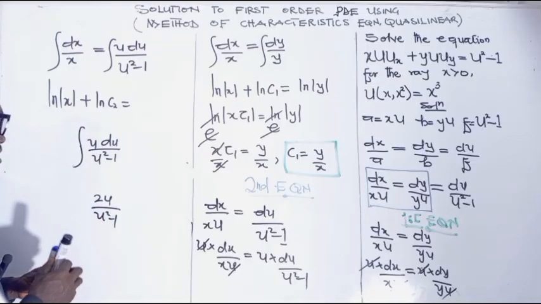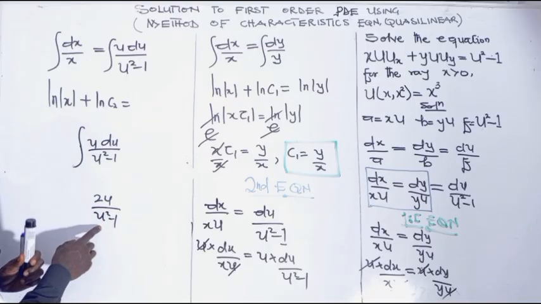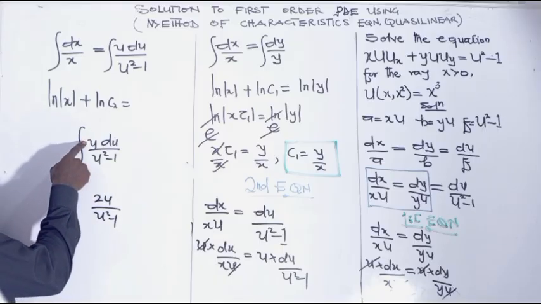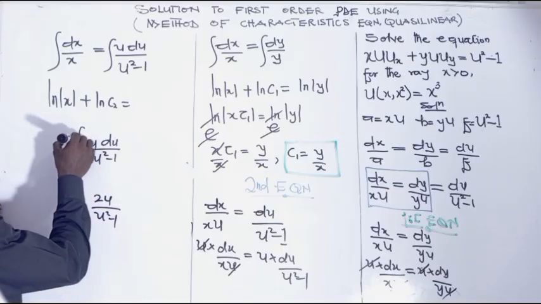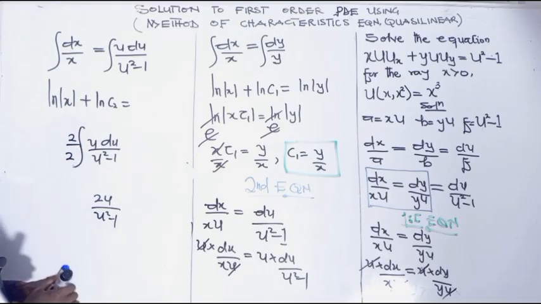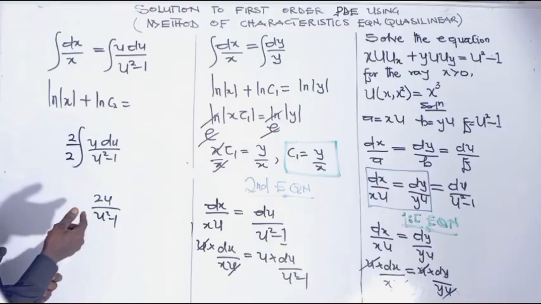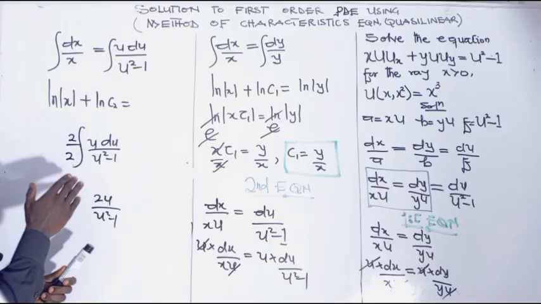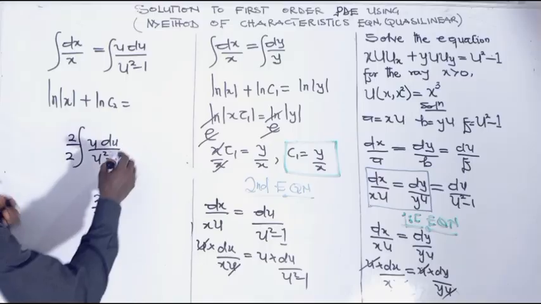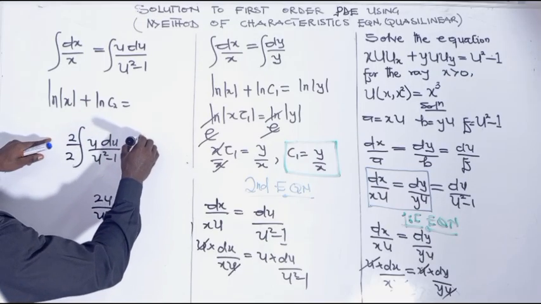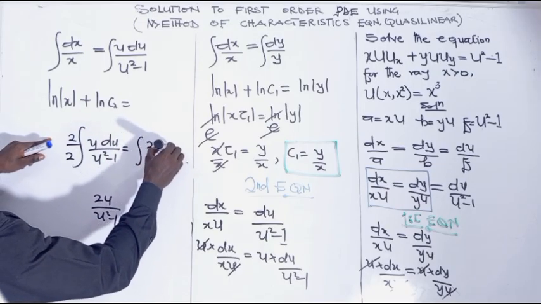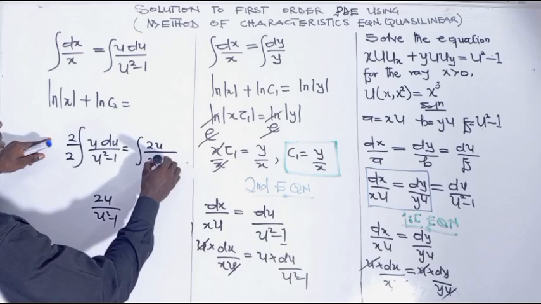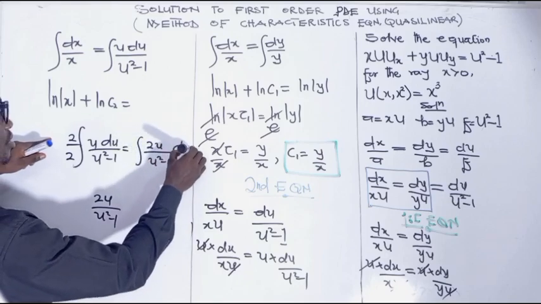So what we are going to do is just make the numerator to be what? 2u by multiplying the top and bottom by 2. So when we do that, we've done nothing to the function because this will cancel. We are having a factor of 1. So we can write this as the integral of 2u all over u squared minus 1, and then we have the half.